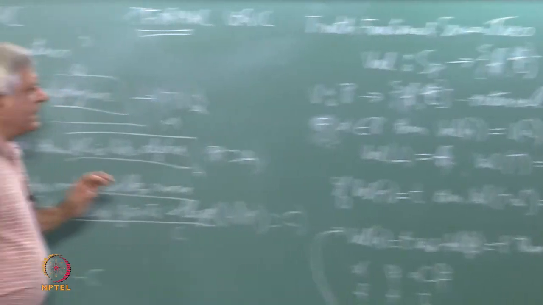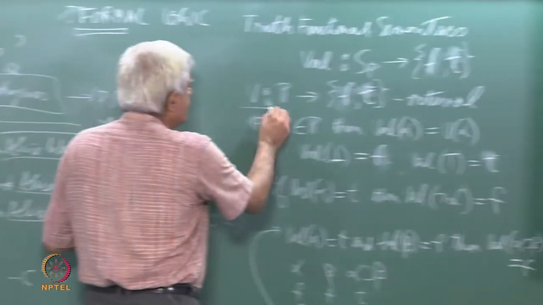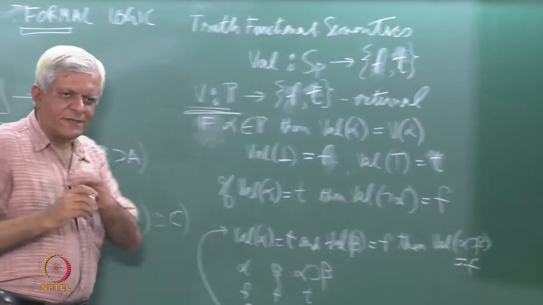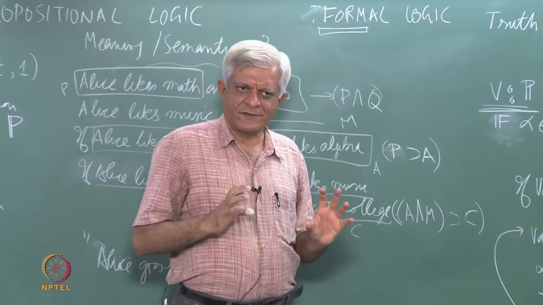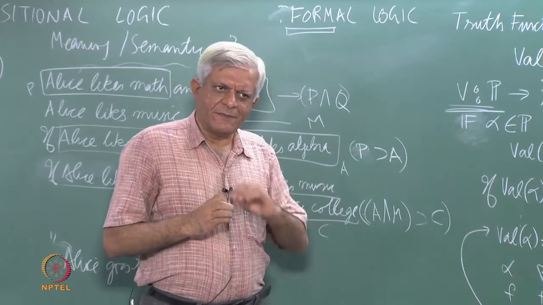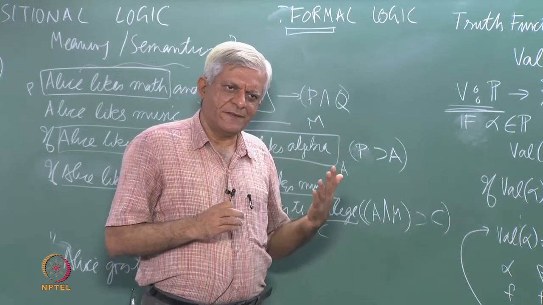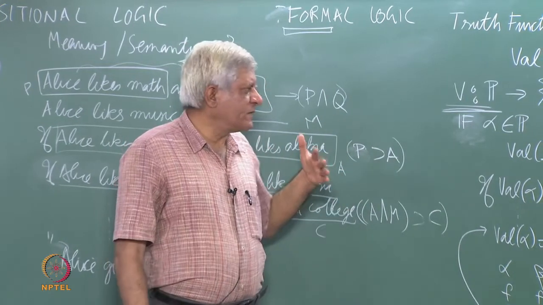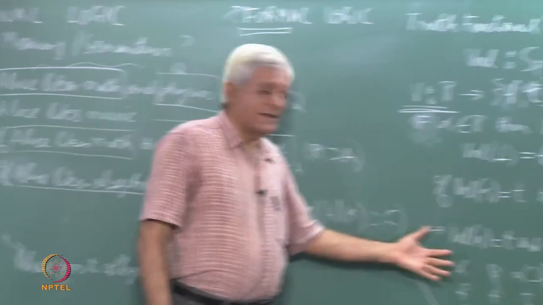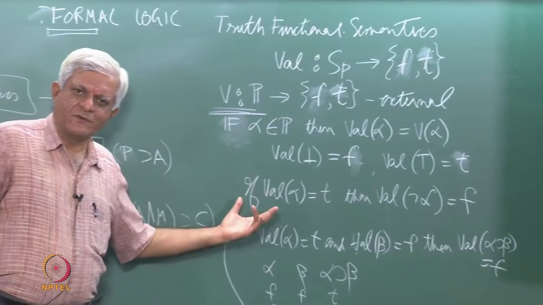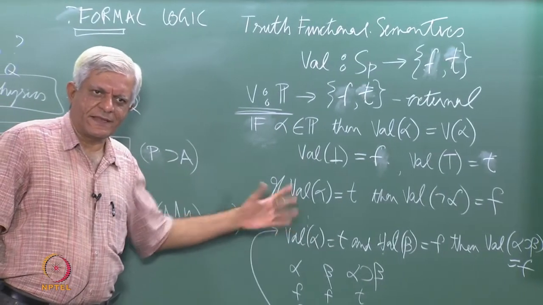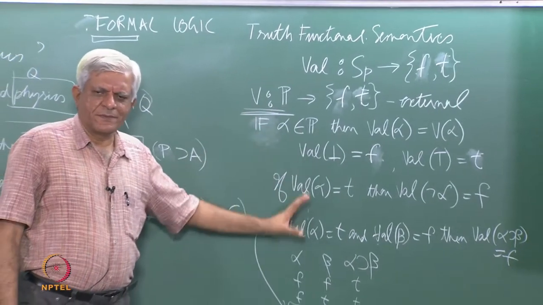Which means that if somebody gives us this valuation which says that okay, these are the 5 atomic sentences or propositional symbols, and they map to true, false, respectively, then for this entire set of infinite formulas, I have a mechanism for determining whether they map to true or whether they map to false, and that I can do by using truth tables or something like that.